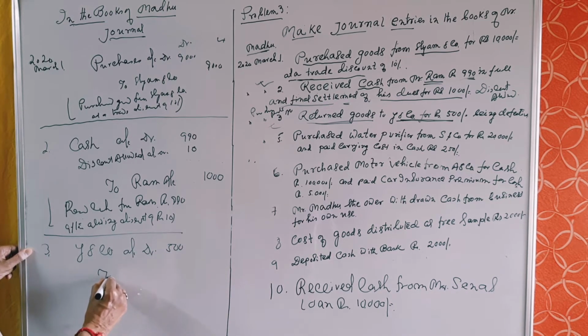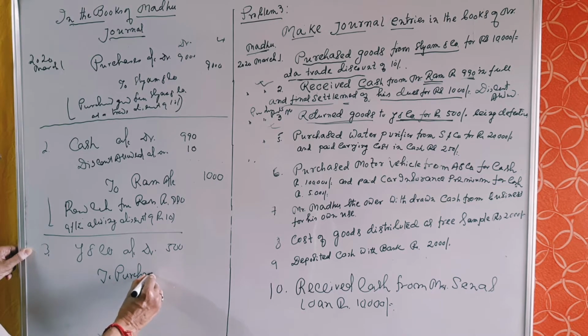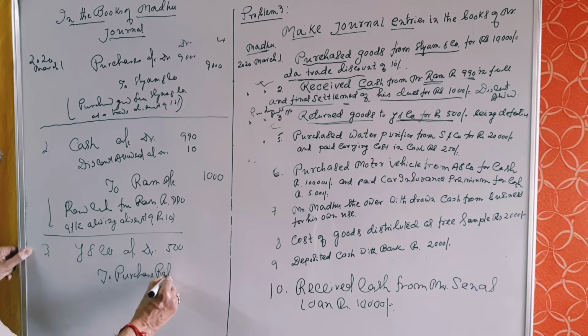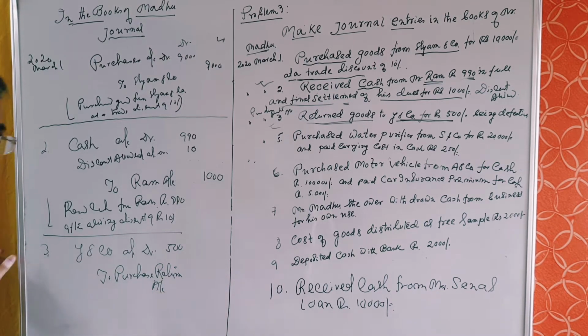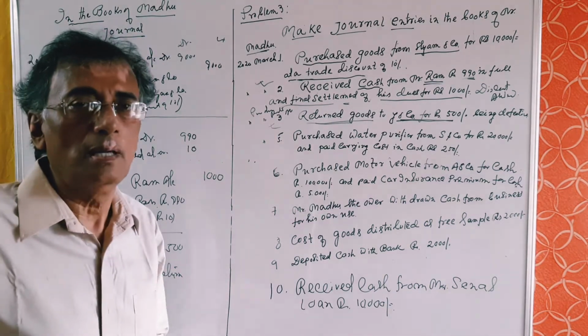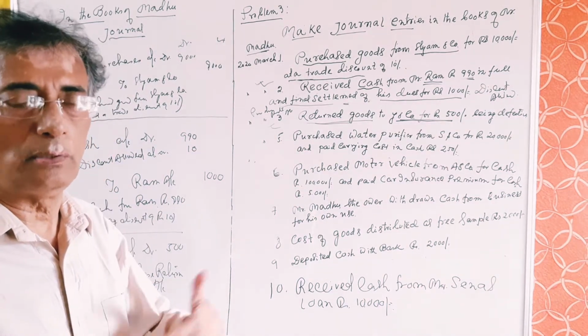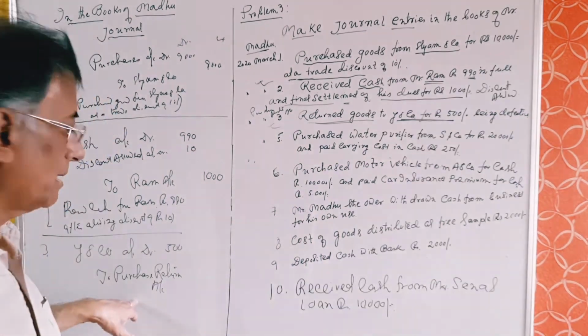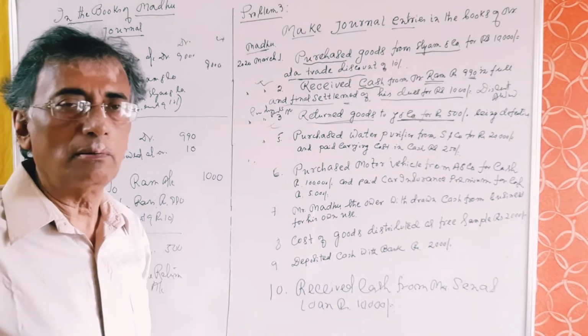To purchase return account. Purchase return account is also called return outward account. You may use as you like. You may write purchase return account or return outward account as you like.